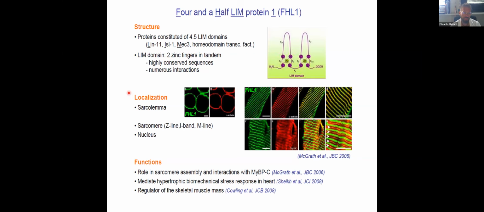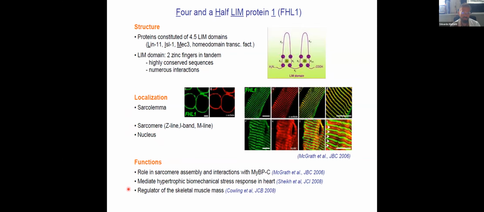The localization in the muscle tissue is at the membrane, the sarcolemma, but it is also located at different areas of the sarcomere, notably the Z line, the I band, and the M line. And there is also an isoform that probably shuttles from the nucleus into the cytoplasm and vice versa.